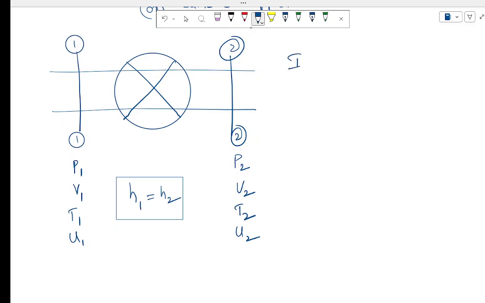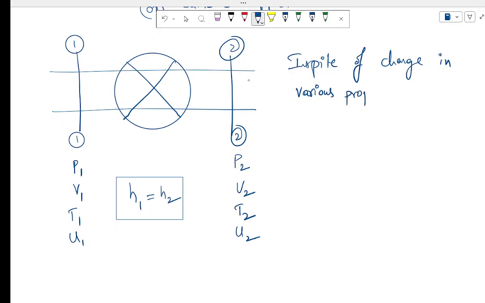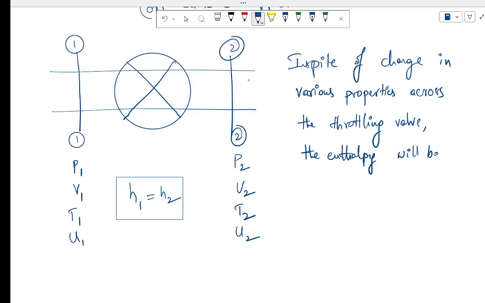So what happens here is that, in spite of the change in various properties across the throttling valve, the enthalpy will be maintained the same.